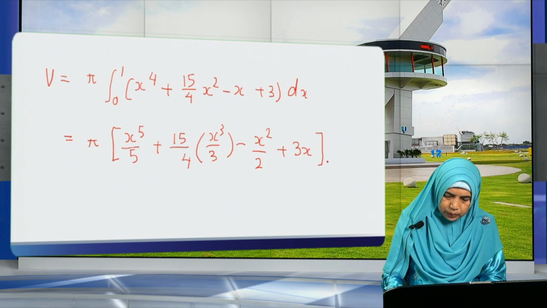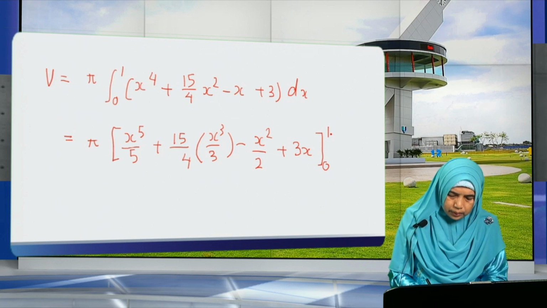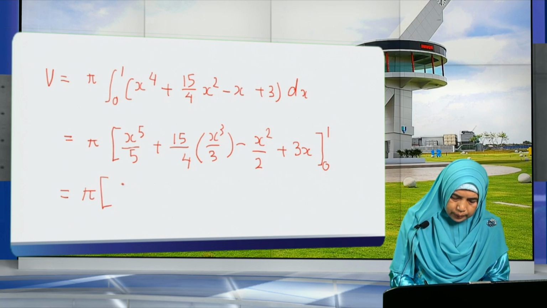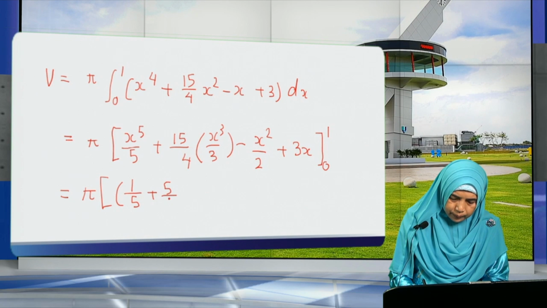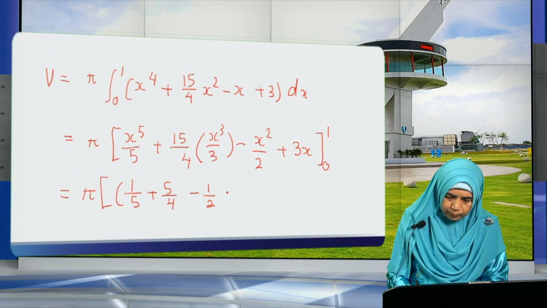So we substitute 0 and 1 in. We get pi times, substituting 1 in, 1 over 5 plus 5 over 4, minus 1 over 2, plus 3.